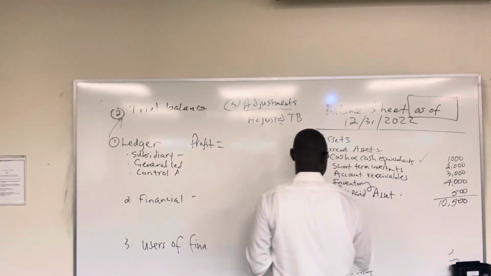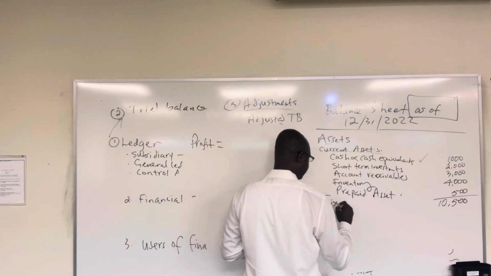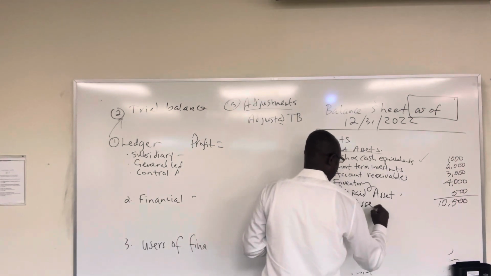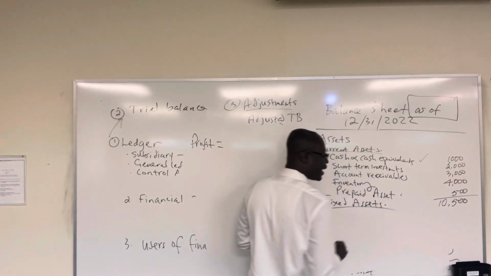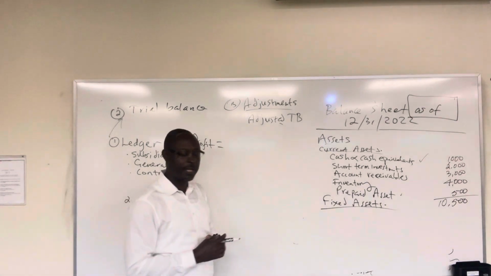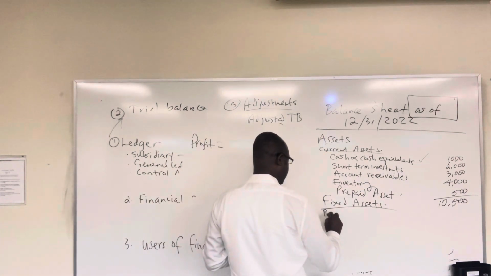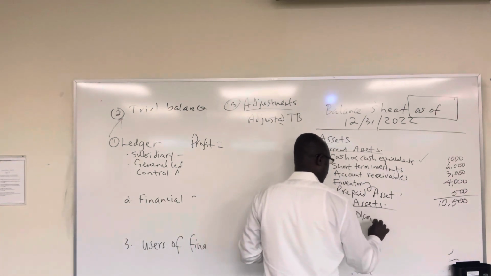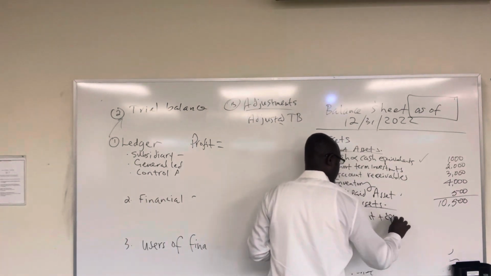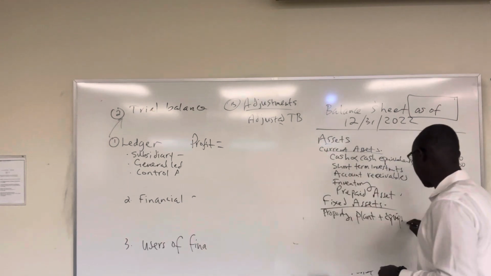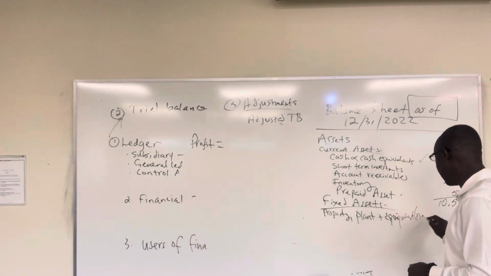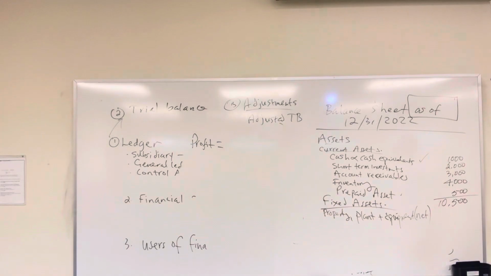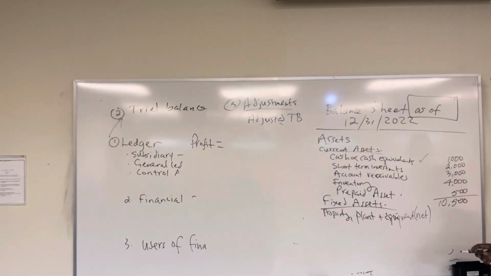You may also have what we call fixed assets. And under fixed assets, I want you to become familiar with the acronym PP&E, property, plants, and equipment. We can say net. Net of what? Net of depreciation. Let's say that our PP&E is 4,500, for example.